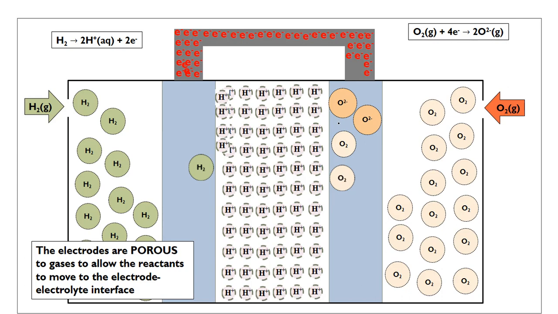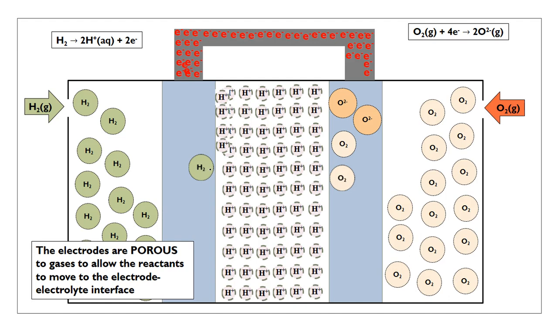Okay. The last thing that we need to talk about is the movement of the electrolytes or the ions. So the electrodes are porous and allow the oxidizing and reducing agent to go through, and then they will get to this electrolyte interface. But in order to achieve separation of the oxidizing and reducing agents, it's very important that the hydrogen gas and the oxygen gas cannot mix.